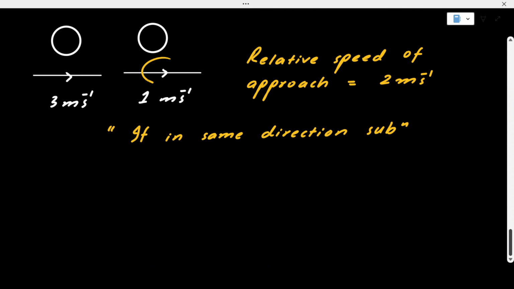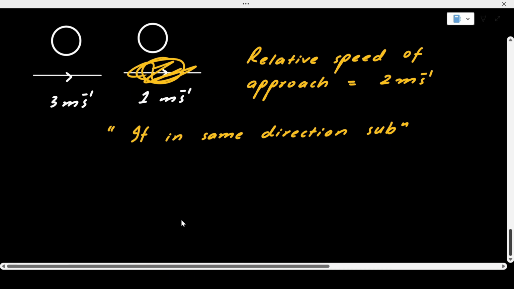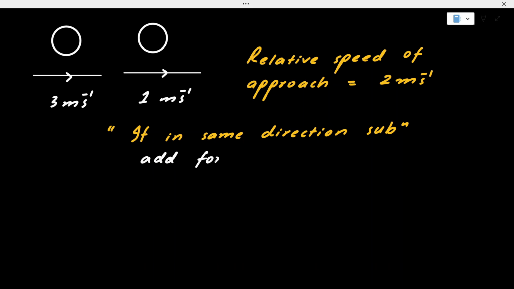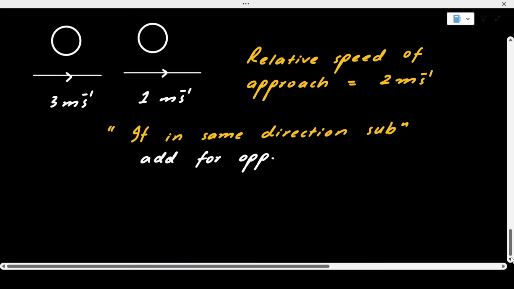So let's say this 1 meter per second was instead moving to the left side. Now they are moving in the opposite direction. What should be the relative speed? 4. And the same is the case for relative speed of separation. Add for opposite direction.